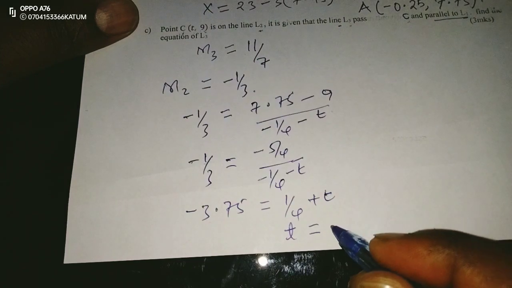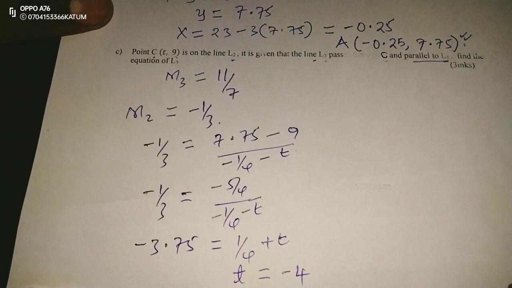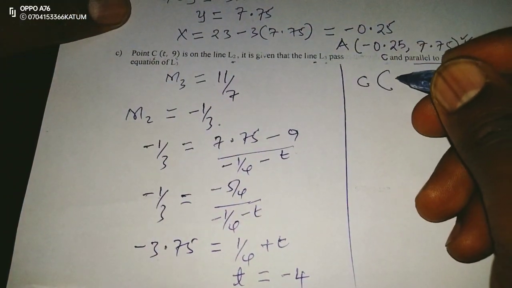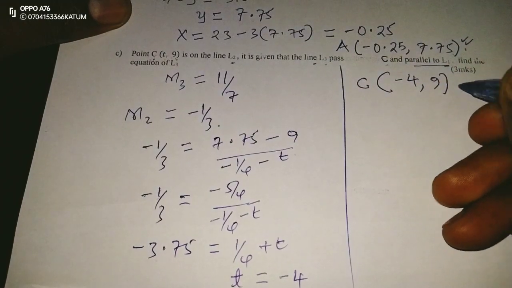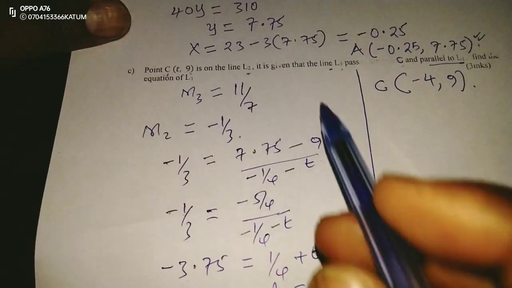This becomes negative 4. So the value of t is negative 4. That means the coordinates of C are negative 4, 9.